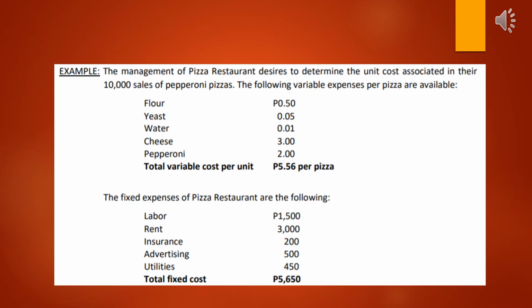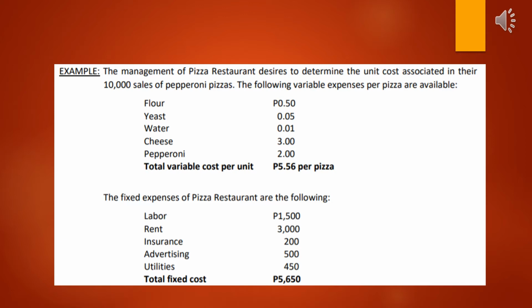Now, yung goal natin dito is to solve for the unit cost of the pizza. Therefore, we have to add the fixed cost and the variable cost. But here, the fixed cost is an amount. We do not know yet the fixed cost per pizza.